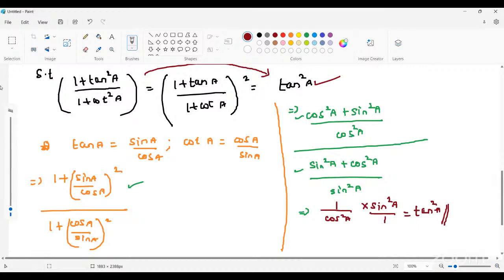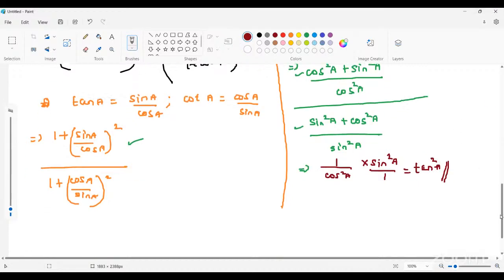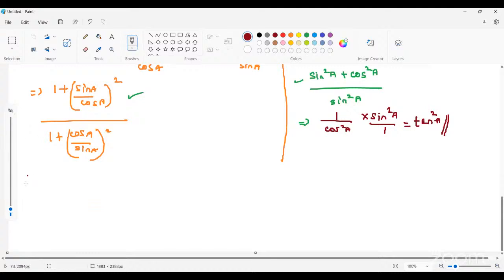Right. So the next one that we need to prove is 1 plus tan A by 1 plus cot A, the whole square.